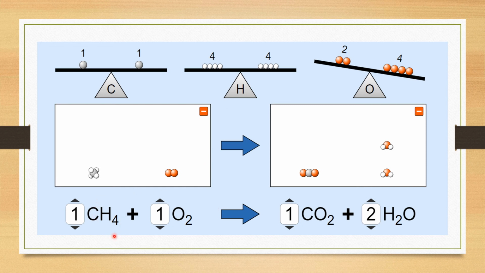Since we have 4 hydrogen atoms on the reactant side, we place the coefficient 2 in front of H2O to multiply the molecule by 2. This gives us 4 hydrogen atoms on the product side. Thus, the number of hydrogen atoms is balanced, but the number of oxygen atoms is still unbalanced.